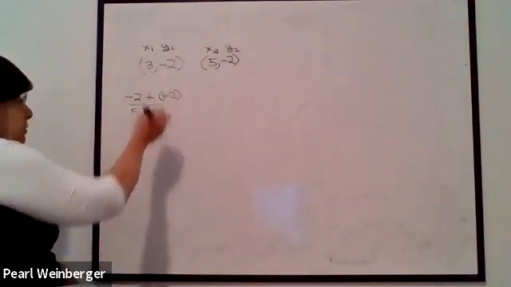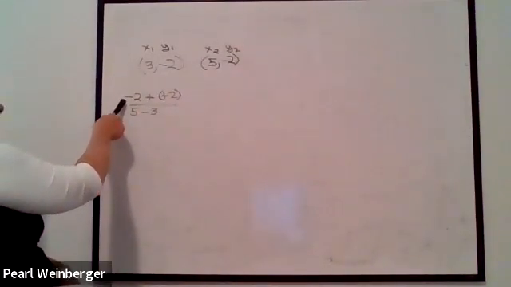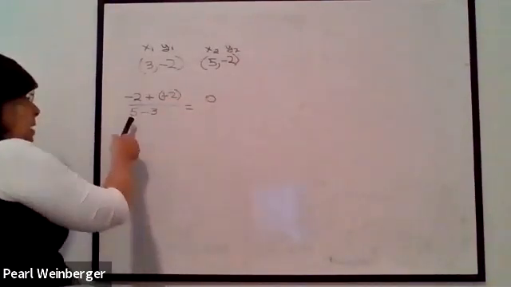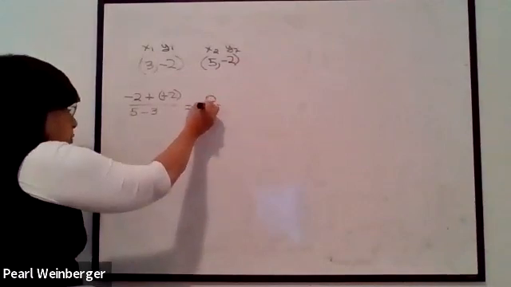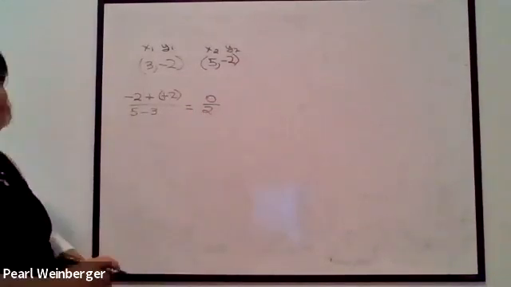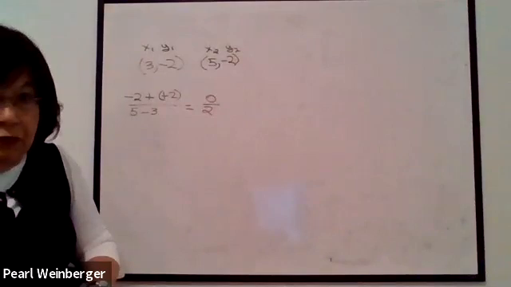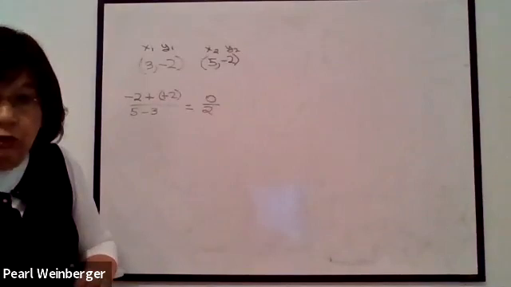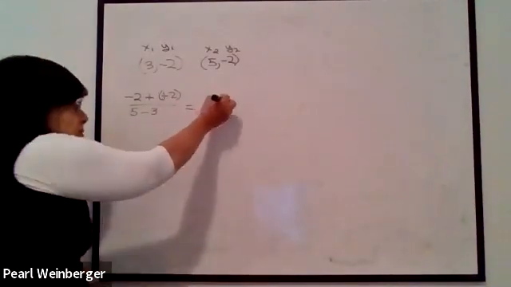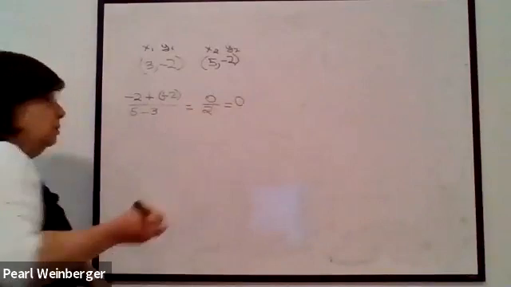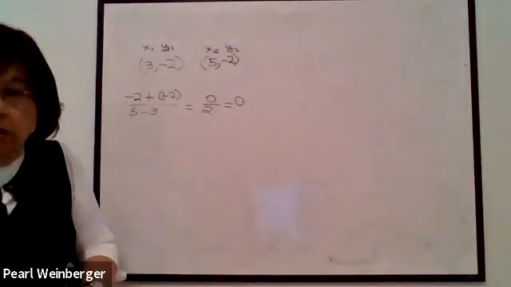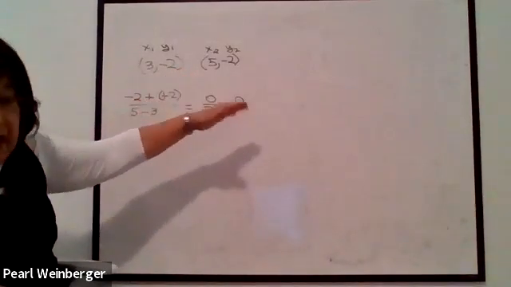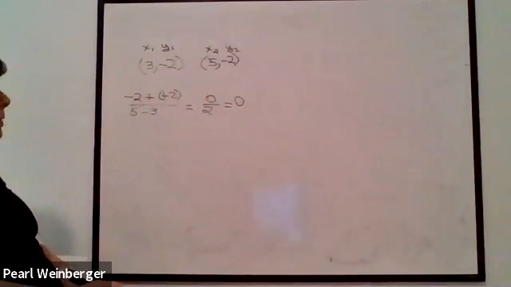That's going to become a positive, so that I end up with -2 plus 2, which gives me 0. And 5 minus 3 gives me 2. So I get the fraction 0 over 2. And a fraction that has 0 as its numerator is just equal to 0. You could do that on your calculator by doing 0 divided by 2, and you will get the 0.